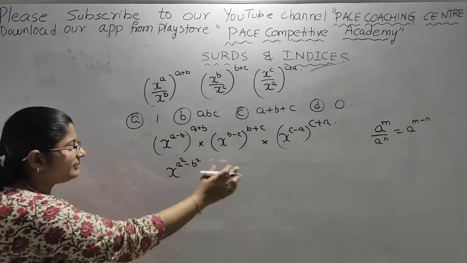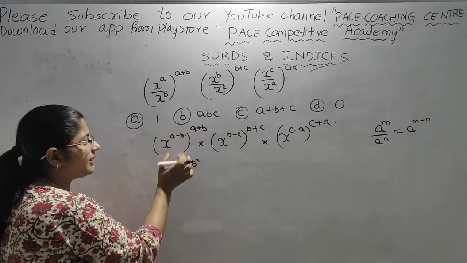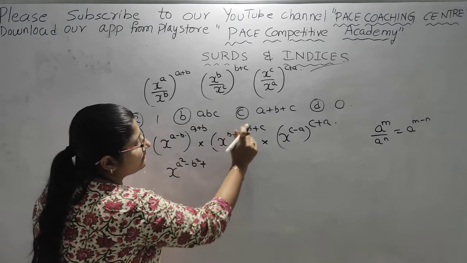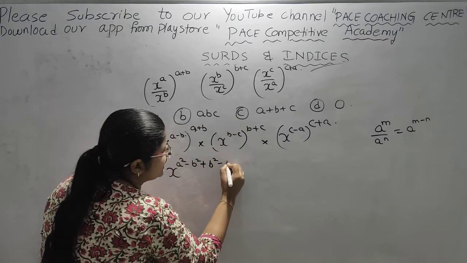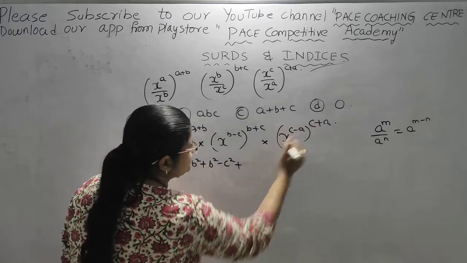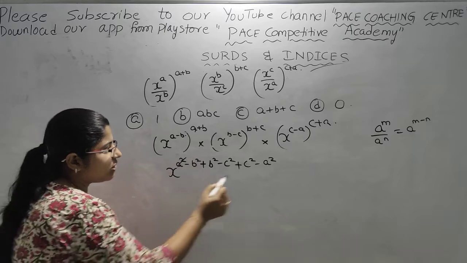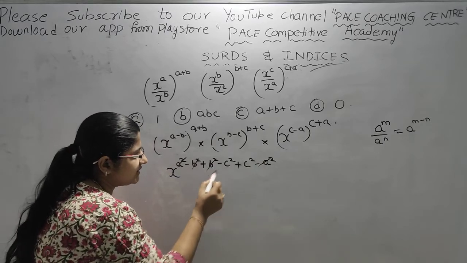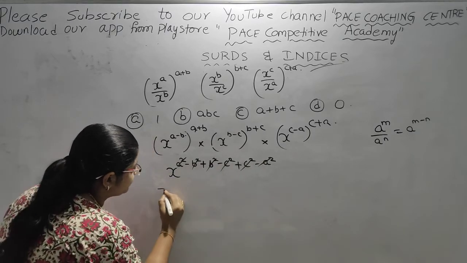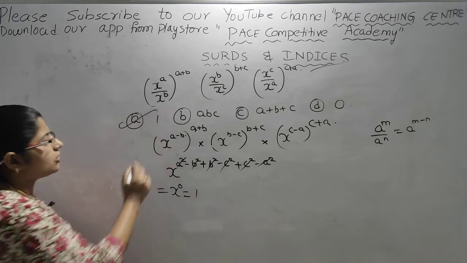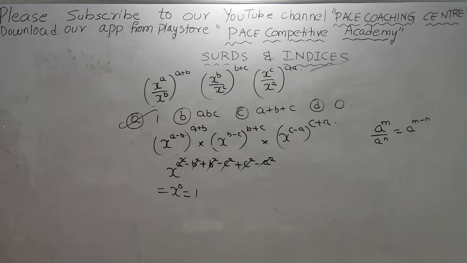If in the multiplication the bases are same, we can add the powers. So a square minus b square plus b square minus c square plus c square minus a square. See here, all terms will get cancelled. So we will be remained with x bar 0, which is equal to 1. Option A is the right answer.